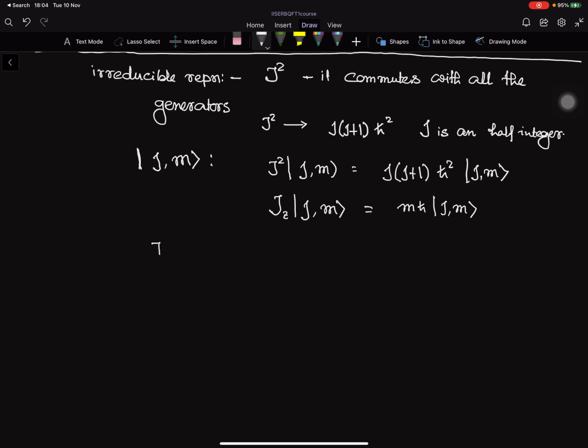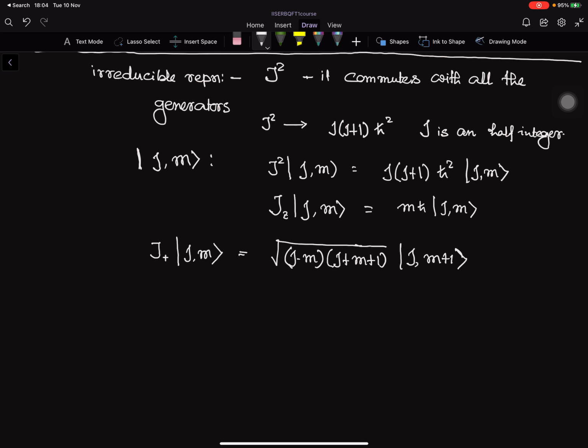When J plus acts on this, it is simply given by the square root of (j minus m) times (j plus m plus 1), times |j, m plus 1⟩, and similarly there is an action of J minus as well.